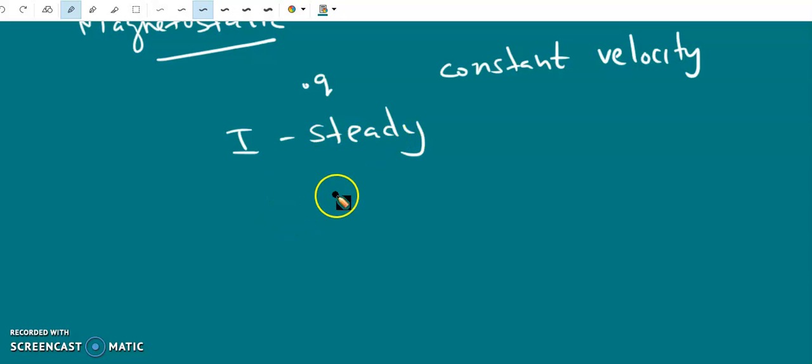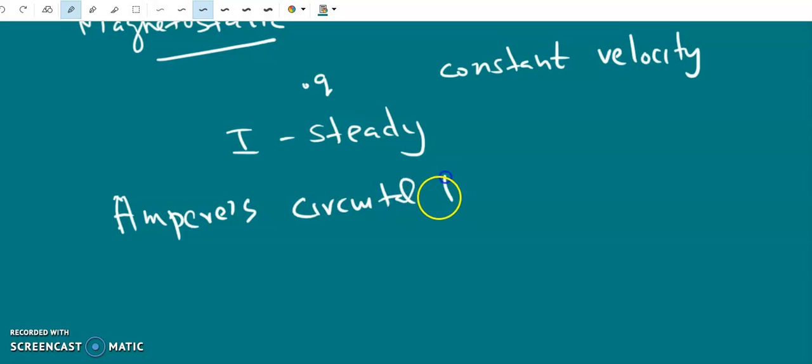So this produces a magnetostatic field, and you must have learned the Biot-Savart law also. And the important principle of this magnetostatic case is the Ampere circuital theorem.